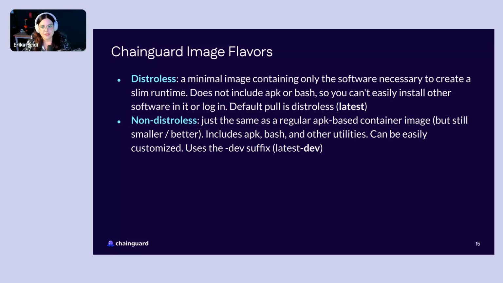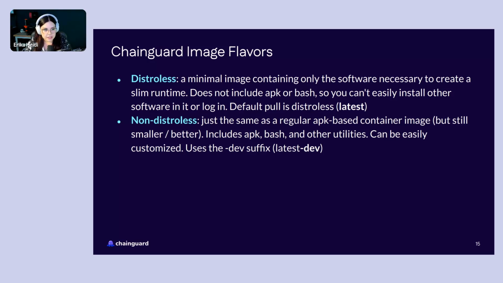Usually, for 99% of Chainguard images, latest is a distroless image. And then we have the latest dev, which is a non-distroless image. It is a regular image, APK based like Alpine, but still smaller and better than the counterparts available from other base operating systems.